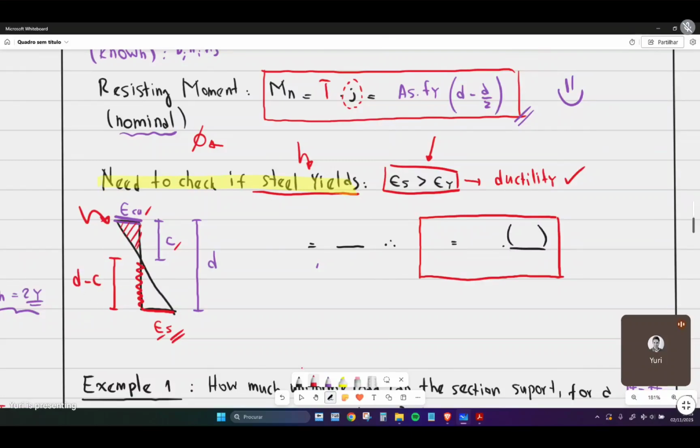All right. So putting this into an equation, the ultimate strain of concrete over c equals the strain in steel over d minus c. If we isolate the strain in steel, we have this equation here.